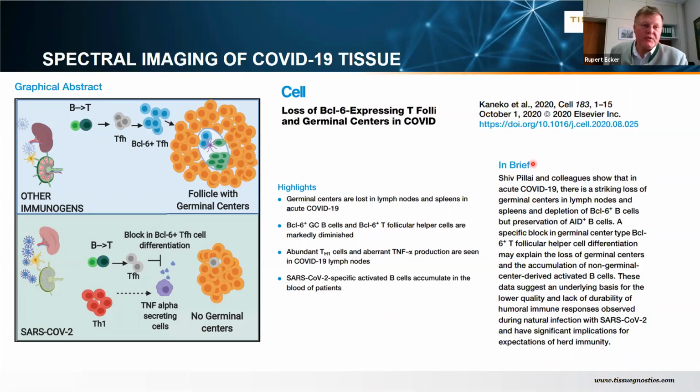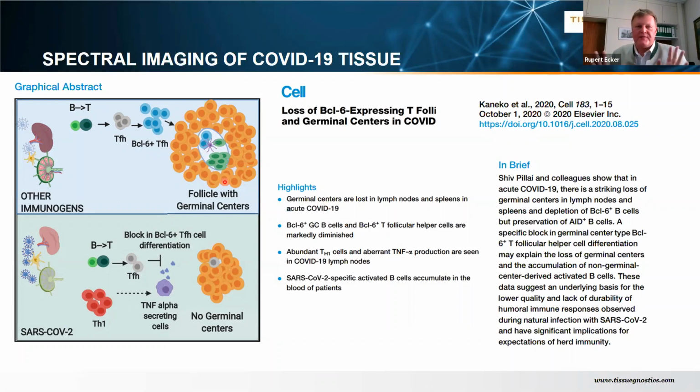Although the outcome, I have to say, is not very encouraging, because it shows that the concept which many countries currently follow, the concept of herd immunity, will probably fail in COVID-19, as they are showing here that the SARS-CoV-2 virus evades long-term immunity by avoiding the formation of follicles with germinal centers.